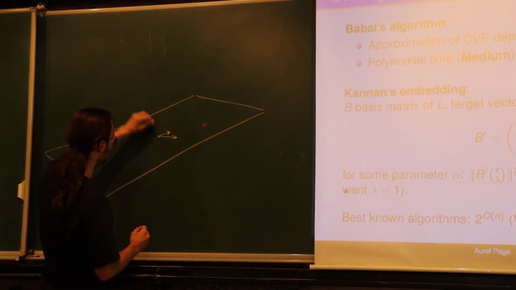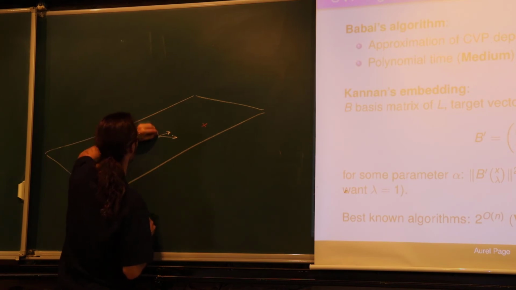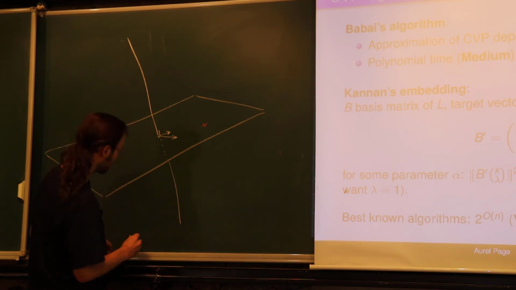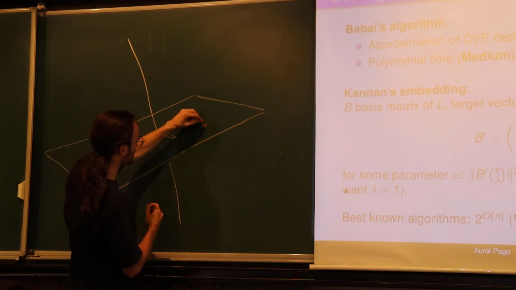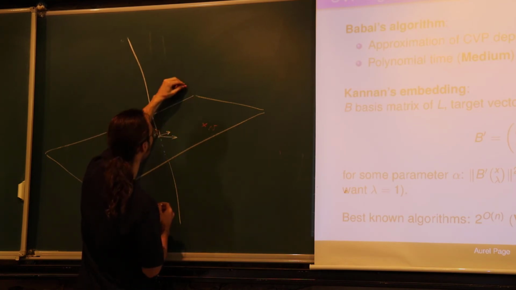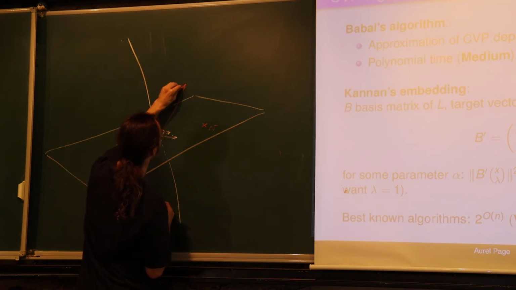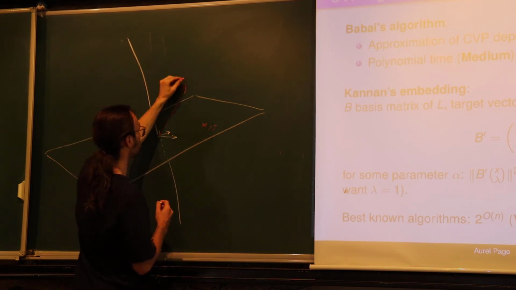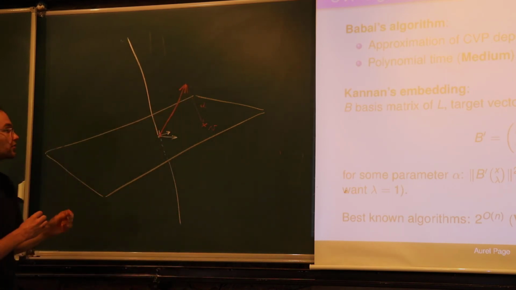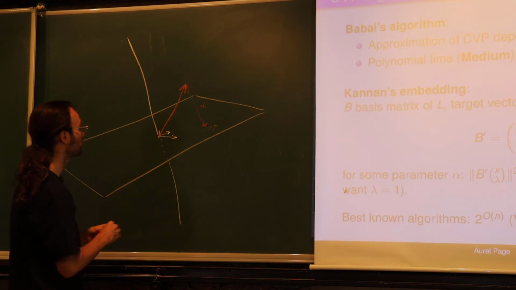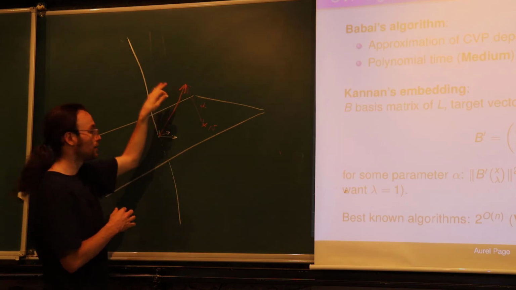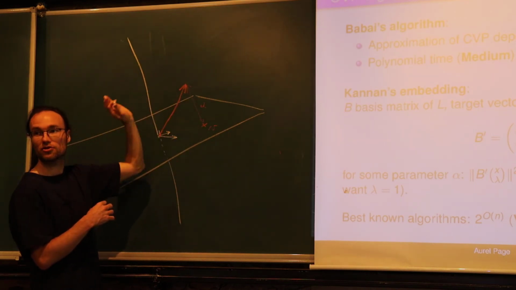And the way you're going to do it, you're going to add one extra orthogonal dimension here, and you will lift this target point to a vector here, by picking a certain height here that you want to add. This is a parameter. You can choose it whichever way you want, and you will try to find a short vector, so solve SVP in the resulting lattice that has one more dimension.